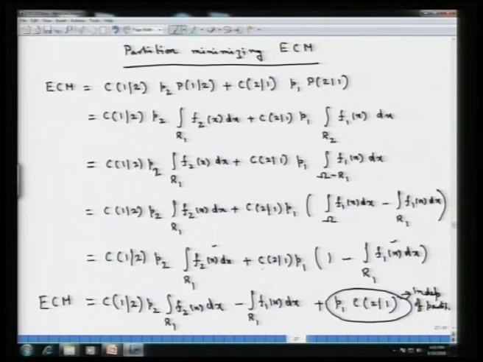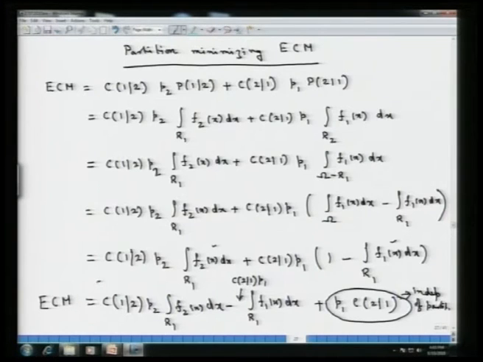I missed out something, this constant also comes in here. This term has a constant multiplier, C(2|1) times P1, so when multiplied with this term it leads to C(2|1) into P1 into this particular term.